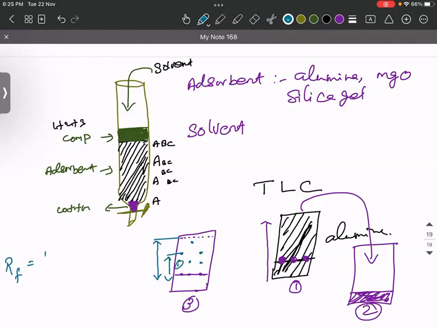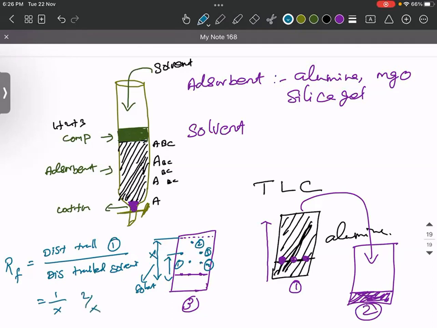Okay, so distance traveled by the solute divided by distance traveled by the solvent gives the retention factor. Now this one we take as 1, this as 2, this as 3, this as 4, and this as x. So 1 by x will give the RF factor of 1. 2 by x will give the RF factor of 2. 3 by x gives the RF of 3.